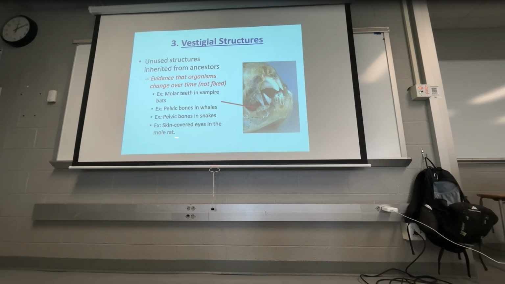Skin-covered eyes in mole rats. Mole rats come from rodents that lived on the surface. They still have eyes, but they're covered over with skin because they can't use them underground. So there are all kinds of examples of vestigial structures that are evidence of obviously common ancestry, but also that organisms change over time, right, from the common ancestor.